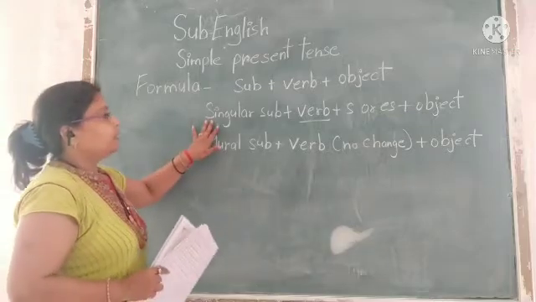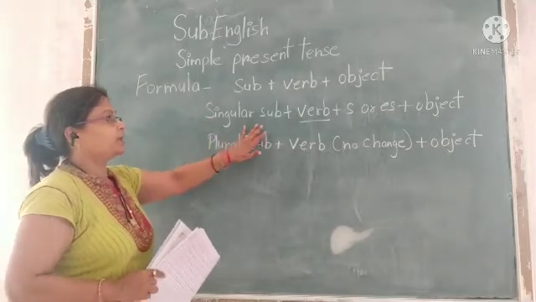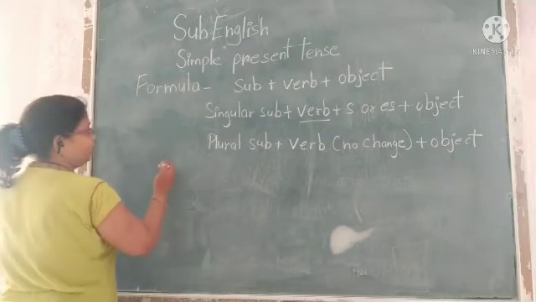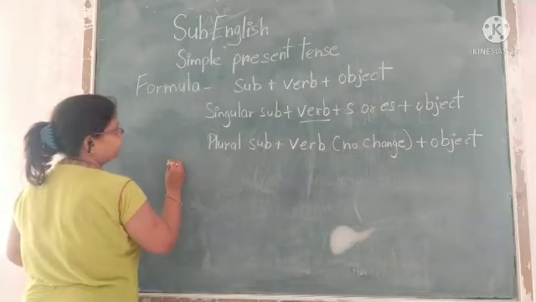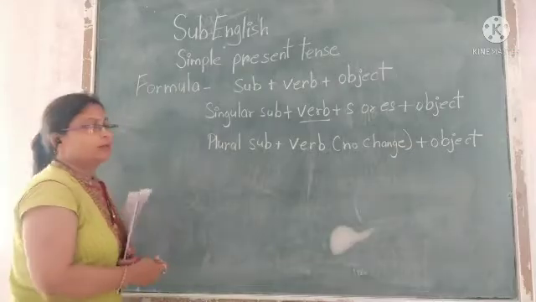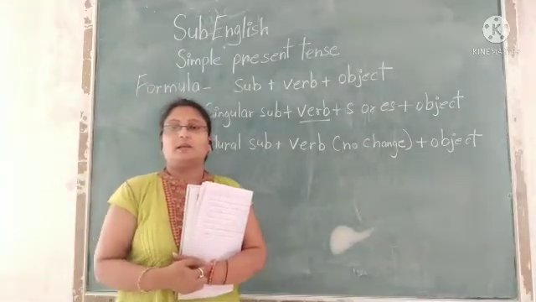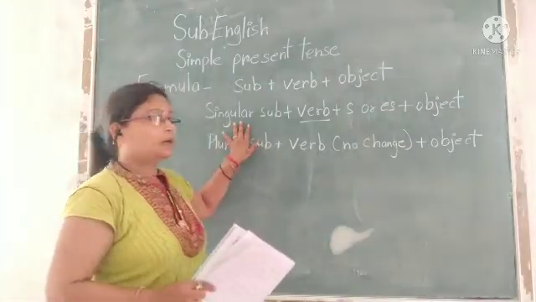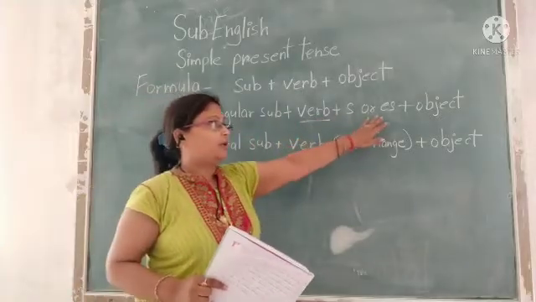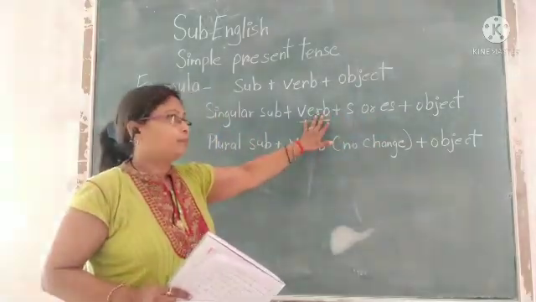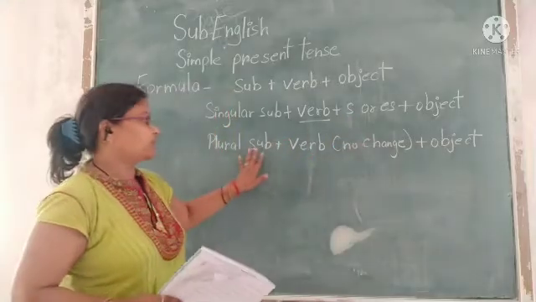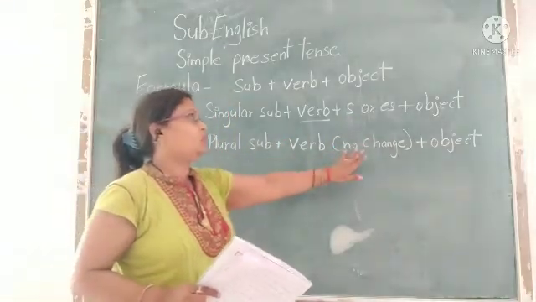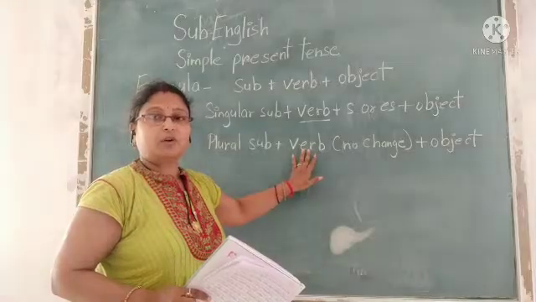Now students, look at our example of singular subject. If our subject is singular, we add s or es in our verb. Or if our subject is plural, there will be no change in our verb.